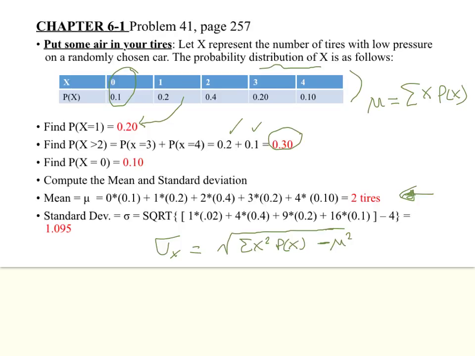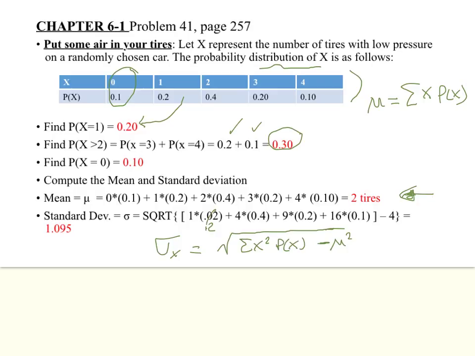So in this case, what we did is we squared the x values. So 0 doesn't count because 0 squared is 0 times 0.1, doesn't matter. 1, the square of 1 is 1 times 0.2. Then it's the square of 2, which is 4, times its probability of 0.4.